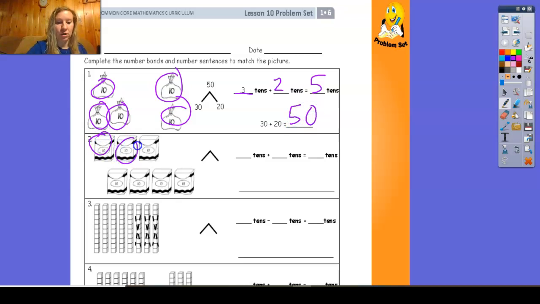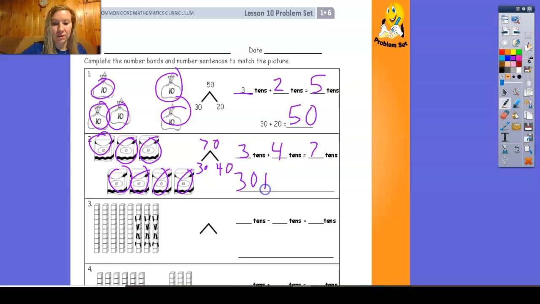All right, number 2: 3 tens plus 4 tens, or 30 plus 40 equals, well, if we have 4 plus 3, that is going to be 7 tens, or 70. So we're going to say 30 plus 40 equals 70.